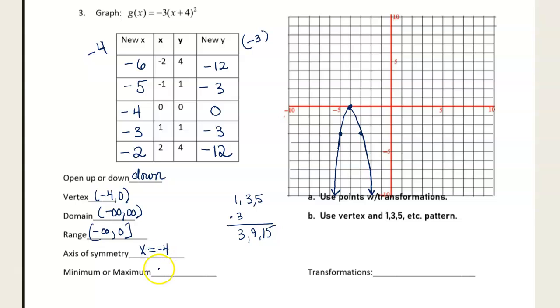Minimum or maximum, there was a high point, so it's a maximum. What transformations happen? Well, we have a reflection over the x-axis. We have a stretch by a scale factor of 3, and we have a shift left 4.